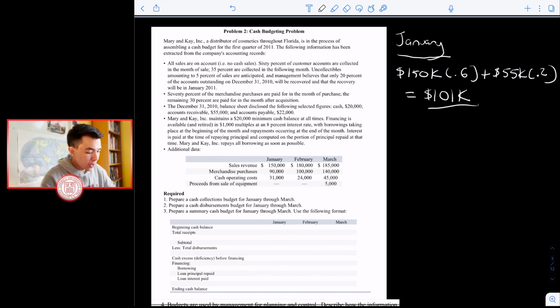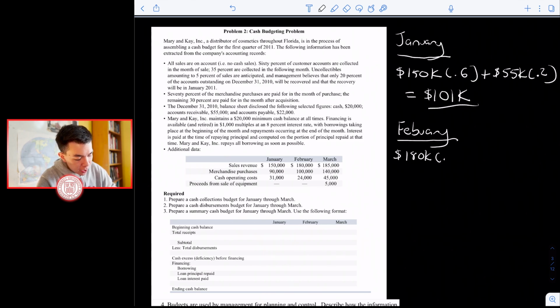So now let's do February. I am gonna multiply our sales for the month, 180K times 0.6, because that's how much cash we collect in that month. And then I gotta multiply 150K by 0.35, because remember, even though we're in February, we're still collecting cash from January because people are paying late.